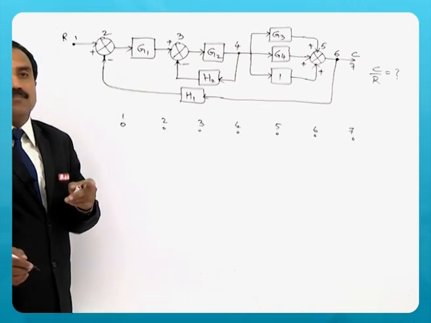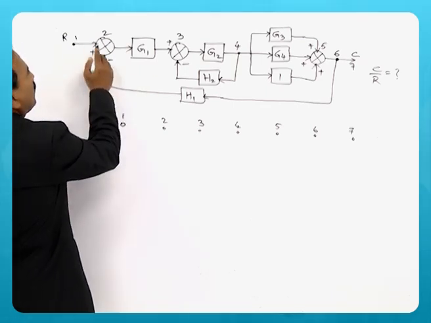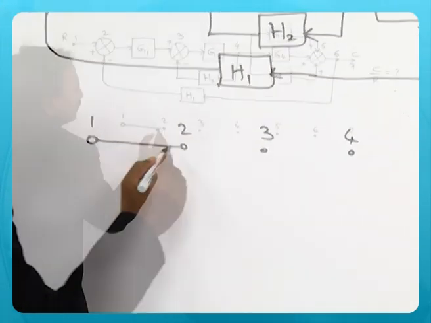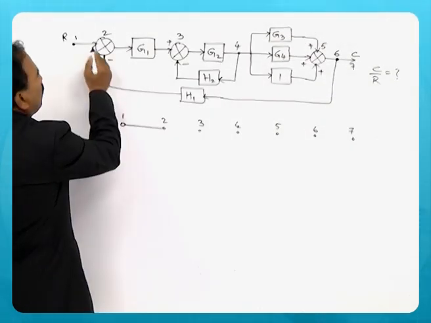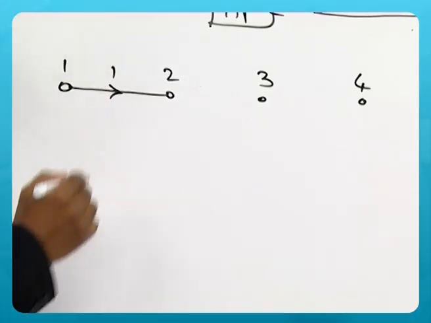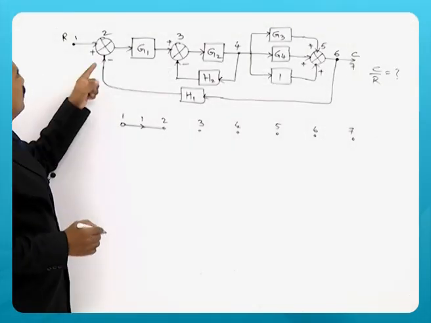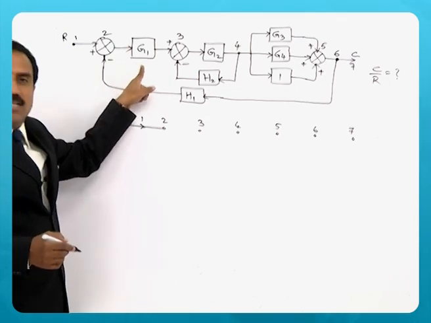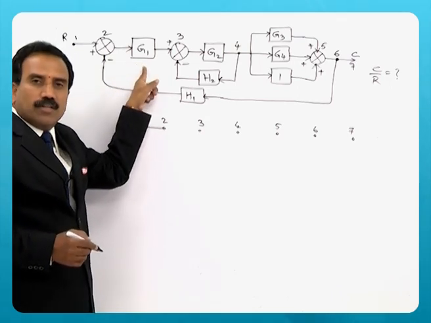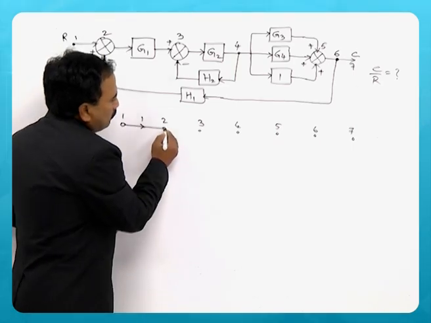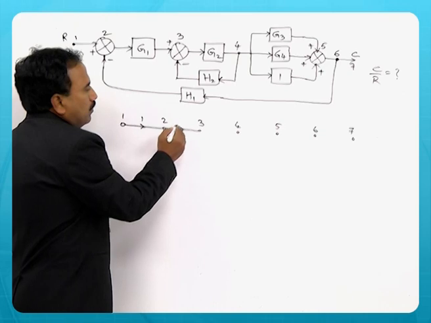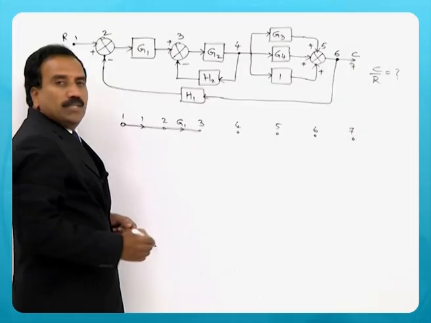Now join them. Now between 1 and 2 there is no block, so it is a connection, but no block is there, represent its gain as 1 only. Between 2 and 3 you can see that there is a block whose gain is given as G1.